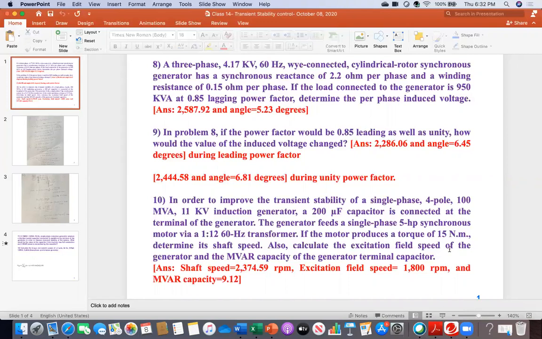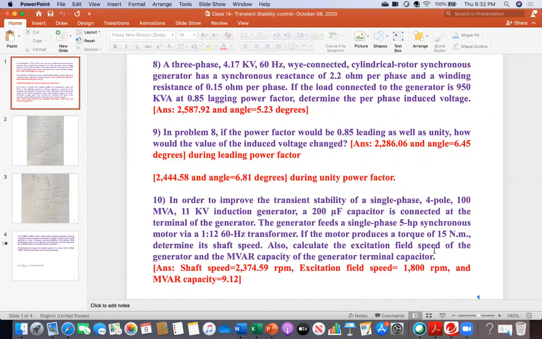And then calculate the third part, the MVAR capacity. How about Sindhuja, are you getting these results? I'm working on it, Doctor. Venkat? Sir, I didn't get the MVAR capacity. But did you get the first two? Yes, the first is fine.